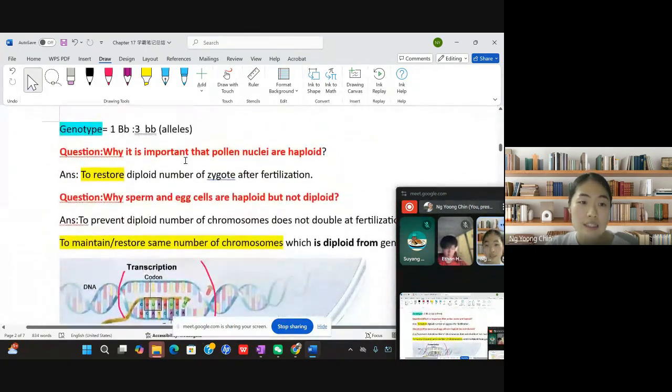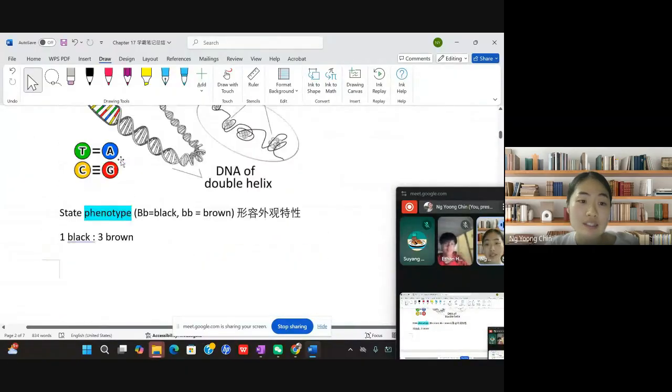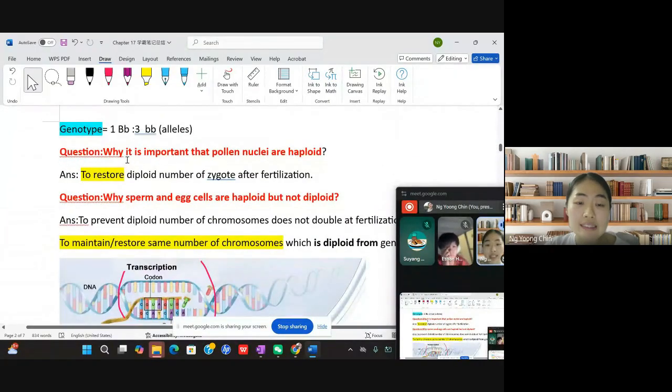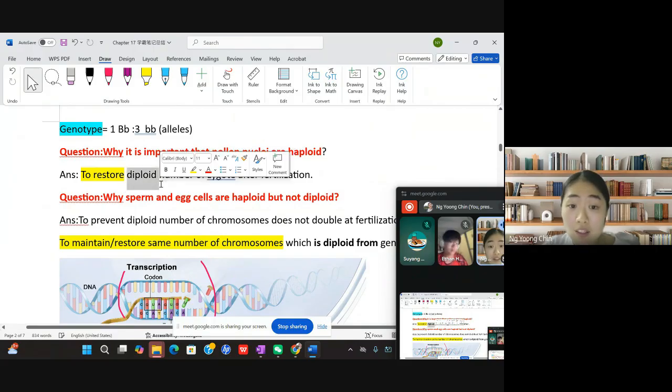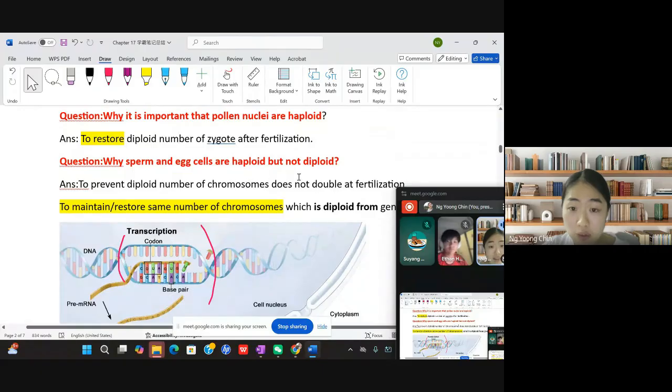Okay, so if the question asks you, so you can have a look. If the question asks you, why is it important that pollen nuclei are haploid? Why are pollen nuclei haploid in number, just like in the sperm or in the ovum? It's because they need to restore the diploid number after they undergo fertilization. And why are the sperm and egg cell haploid but not diploid?